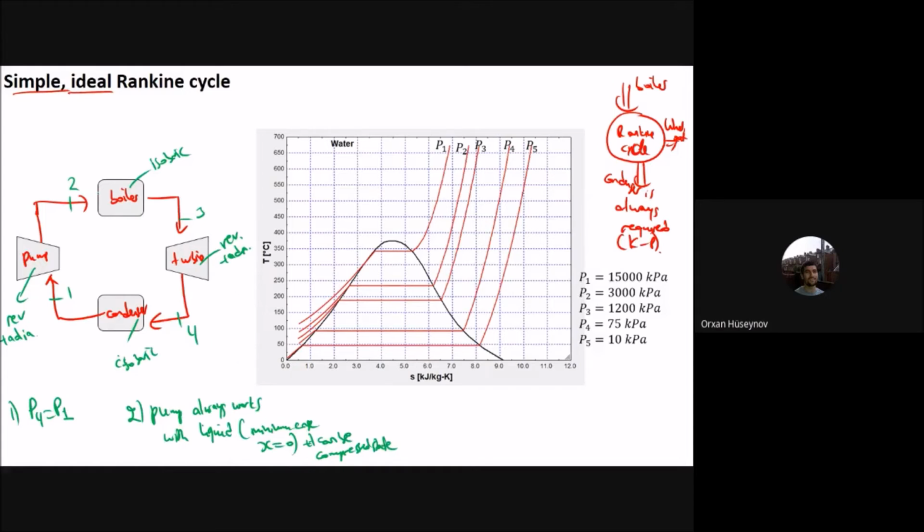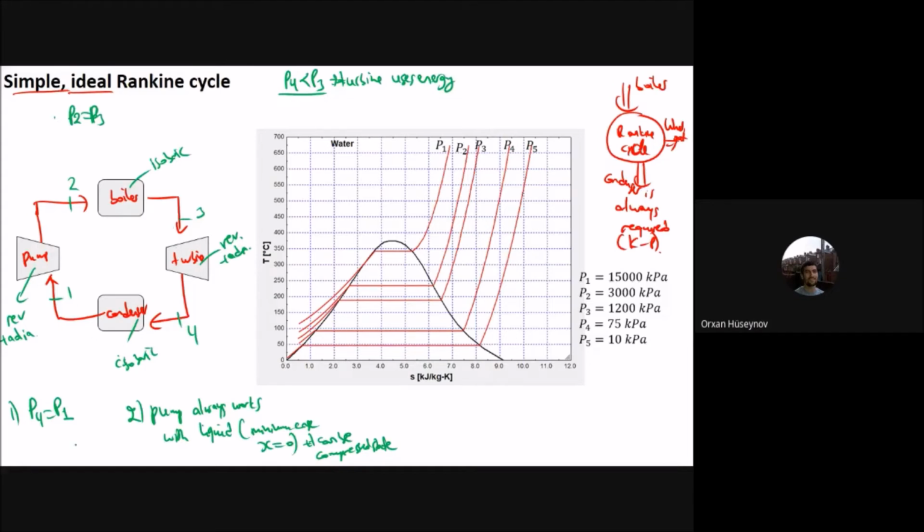From 2 and 3, you also have the same pressure, P2 is the same as P3. From 3 and 4, you have a pressure difference: P4 is less than P3 because the turbine uses energy. Now what you notice is that P4 is the same as P1 and P2 is the same as P3.